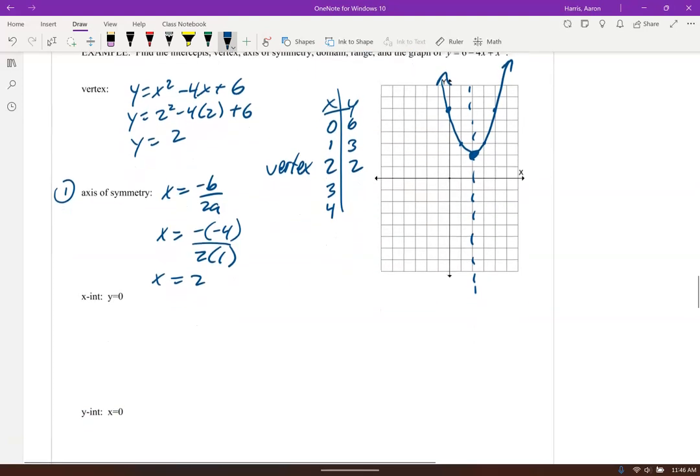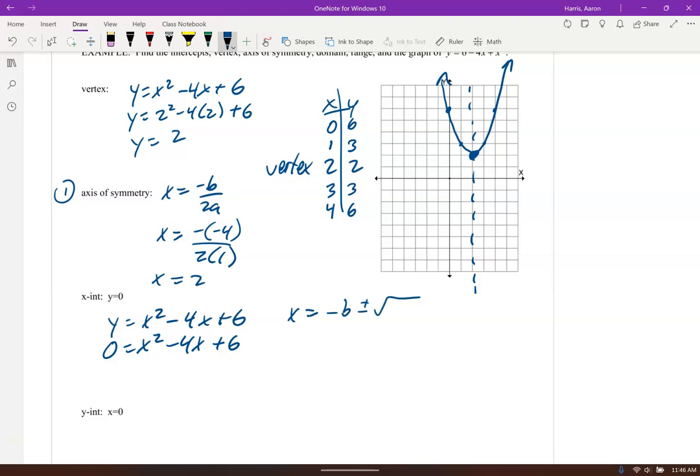Now let's formally find our x-intercept and our y-intercept by letting y be 0. And notice this does not factor, so you have to plug it into the quadratic formula. x equals negative b plus or minus the square root of b squared minus 4ac, all over 2a.